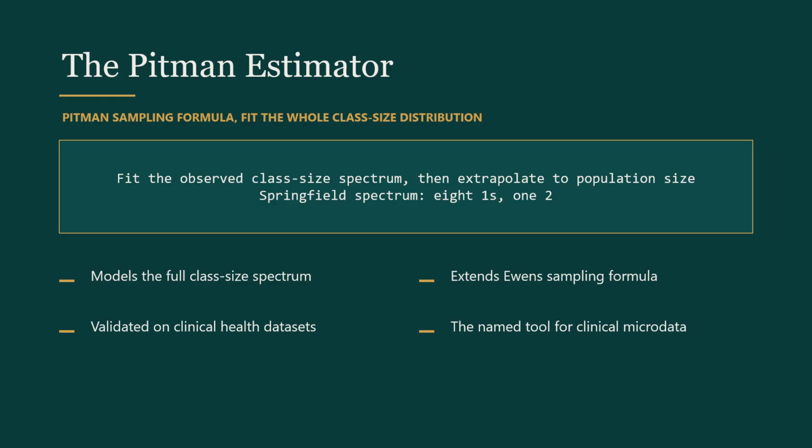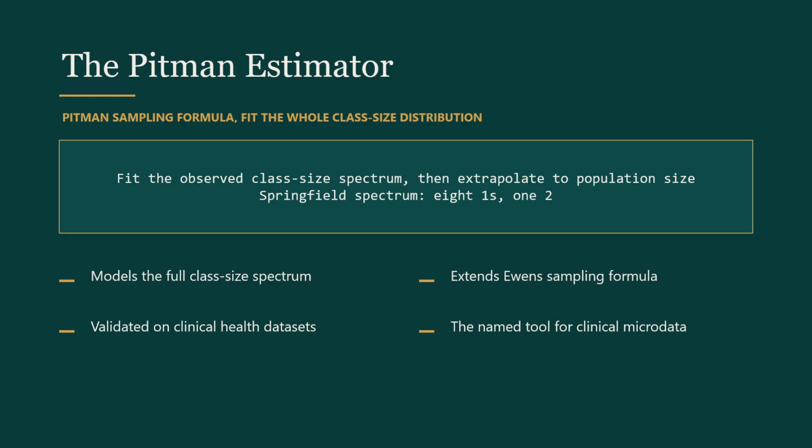That vector is not just a curiosity, it is a fingerprint of how the population's diversity behaves. A population with enormous diversity produces a sample full of singletons. A population with a few common profiles produces a sample with a few large classes and a long, thin tail.